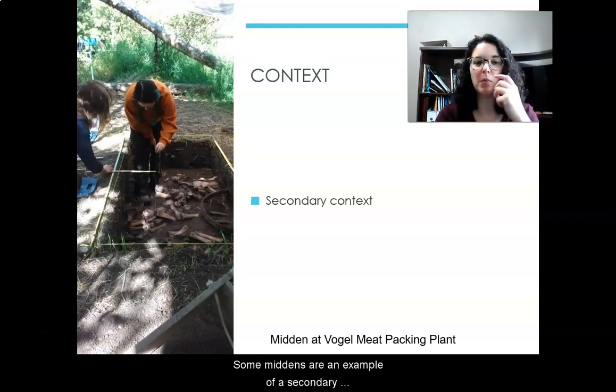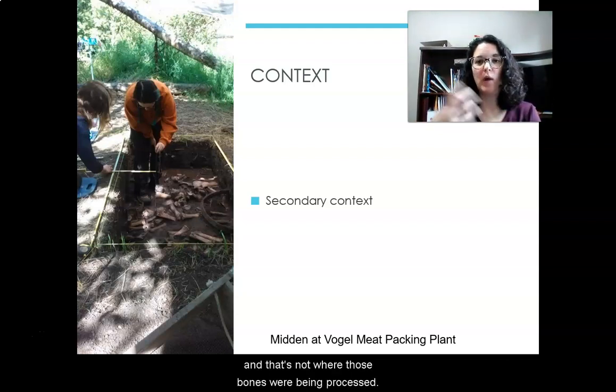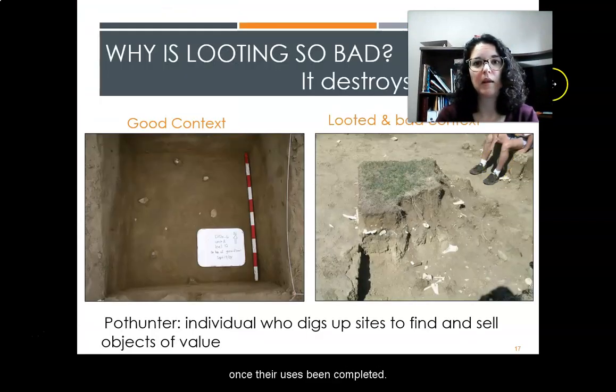So middens are an example of a secondary context, right? We're finding all the waste and garbage, and that's not where those bones were being processed. It's not where the stone tools, or in this case, the metal tools, were being used, but it's where they're being disposed of once their use has been completed.